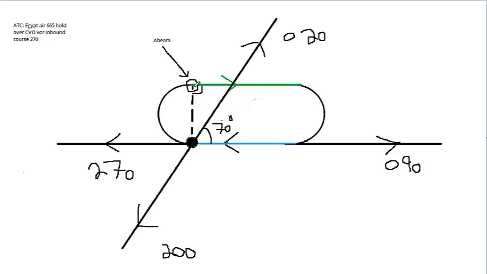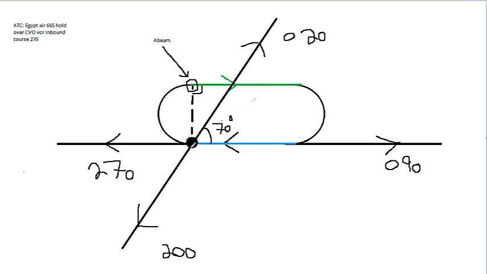Below flight level 140, which is 14,000 feet, or at flight level 140, the outbound leg should be 1 minute, 60 seconds. The inbound leg is also 1 minute, in case you are at 14,000 feet or below. This green area here is 1 minute, and this blue area here is 1 minute.